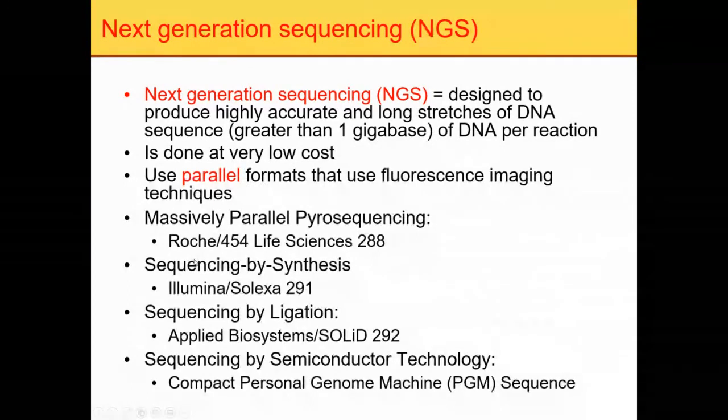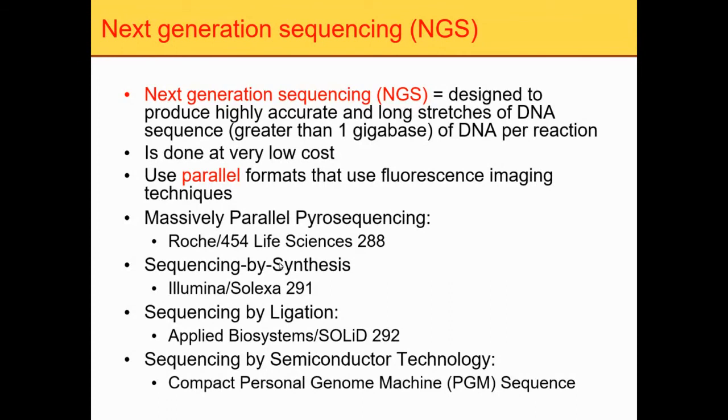Or you can do sequencing by synthesis. That would be similar to Sanger sequencing, but instead of dideoxynucleotides they use regular deoxynucleotides, engineered to have a block on the 3' hydroxy group, and also a specific fluorescence label on the nitrogenous base.